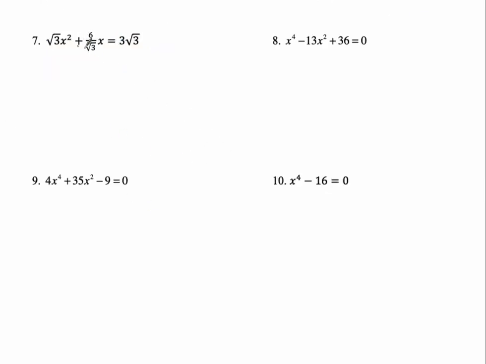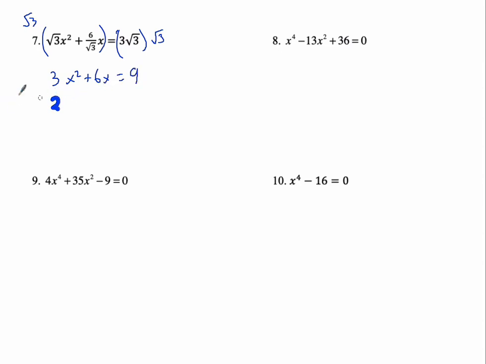Okay, here we got a surd, but it's all the same surd. The denominator is root 3, so we can multiply both sides of the equation by root 3, and that'll get rid of the root 3. So we'll have 3x squared plus 6x equals, these root 3's combine to give you a 3, so we get a 9 here.